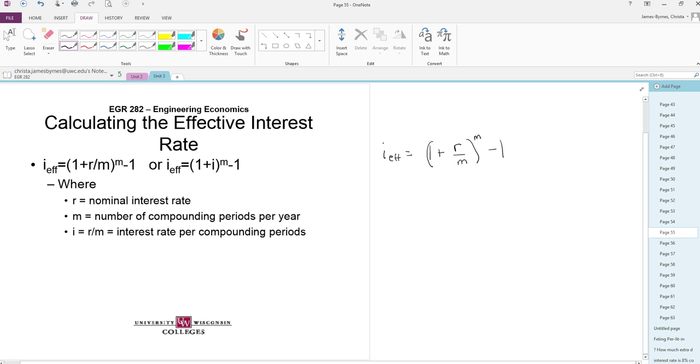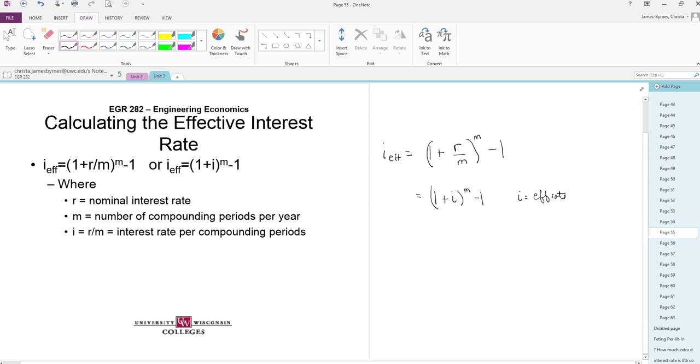Well, we changed n, because n is number of periods, to m periods per year. I don't like this equation. I just use 1 plus i raised to the m minus 1, where i is my effective rate. Okay? That's what I like to use.